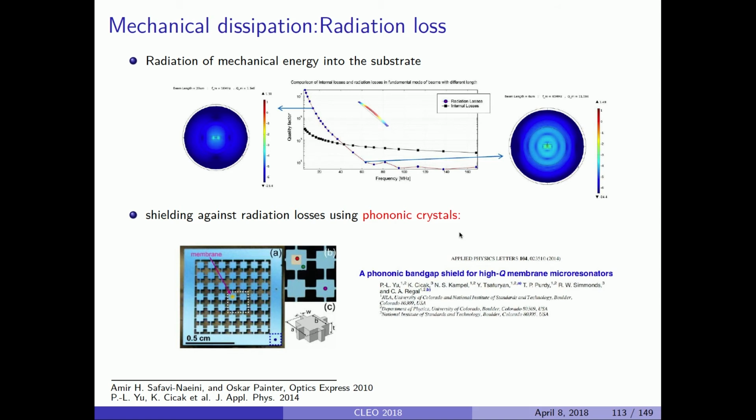So if you have a patterned slab, it remains strictly two-dimensional. It cannot couple in a third dimension, unless you had gas molecules around. So it's much easier to generate true full band gaps for a mechanical system than for optics. In this case, if you place a mechanical mode in the center here, it will not radiate, and you can have a phononic shield, say, for a membrane oscillator.